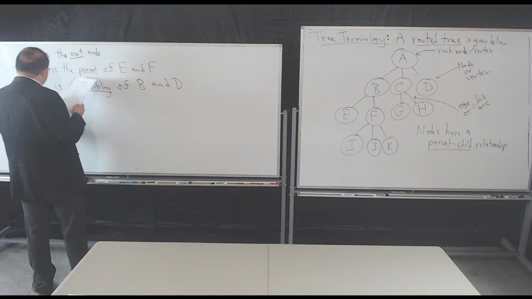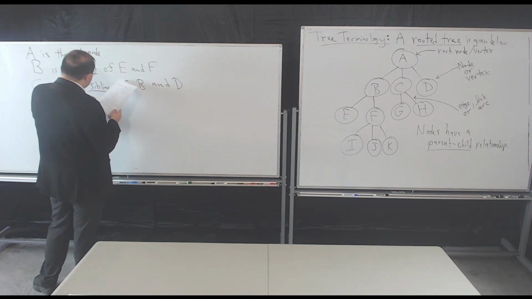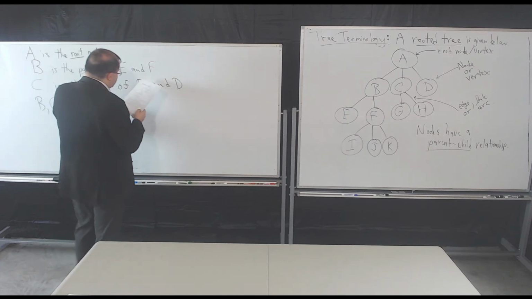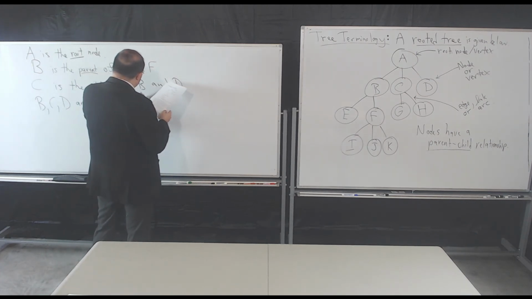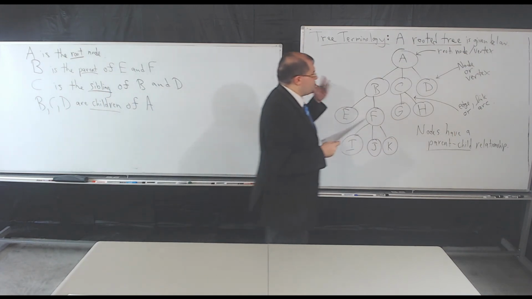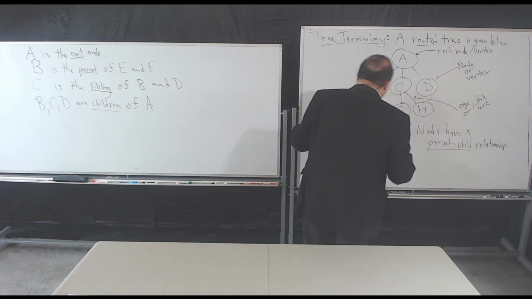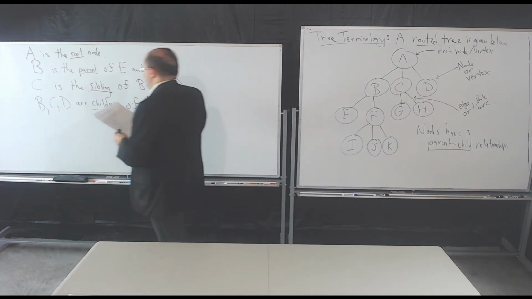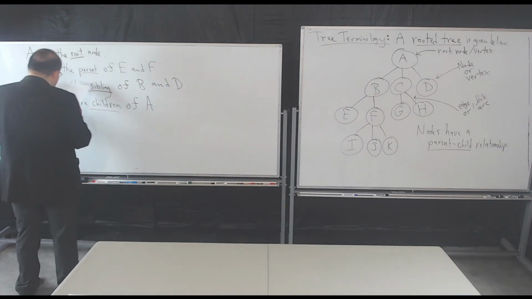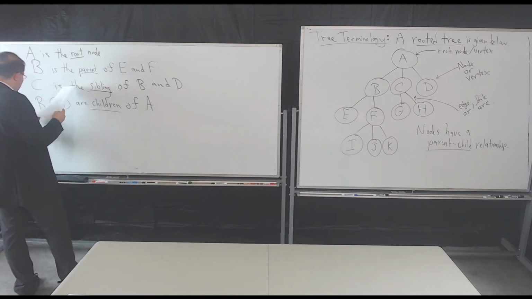Okay, B, C, and D are children of A. The point is that they're directly children, right? This isn't some weird metaphor where all of a sudden all the ones below it are also their children as well. We're not doing that. We're saying they're direct descendants. However, not to be confused with this term.